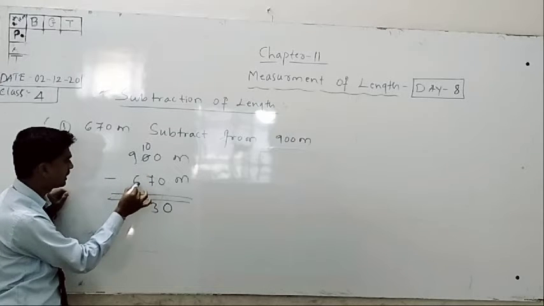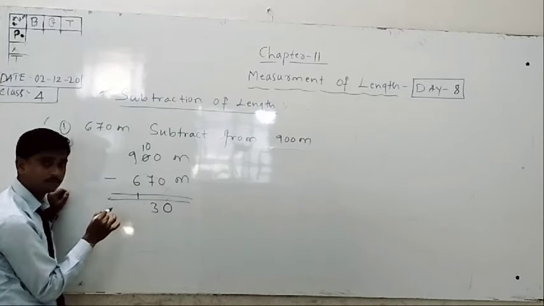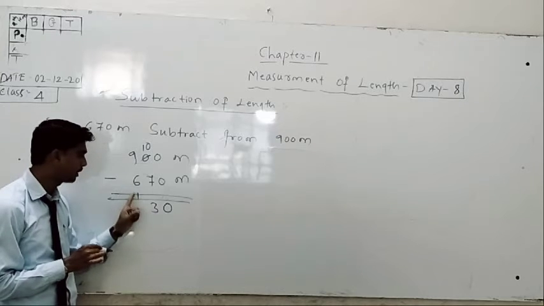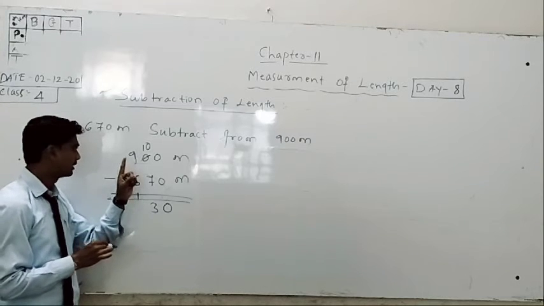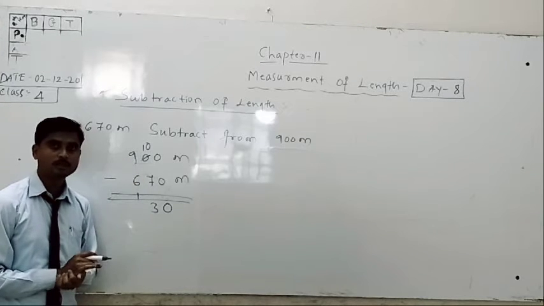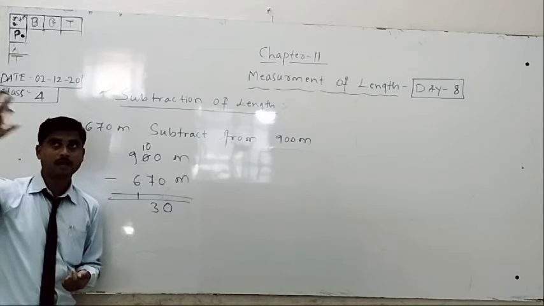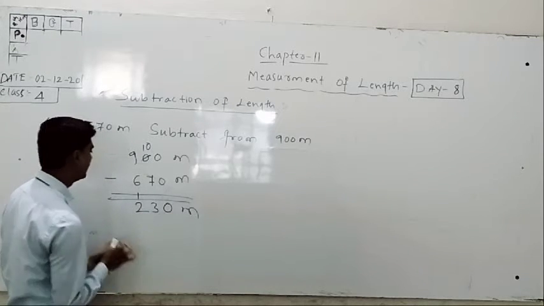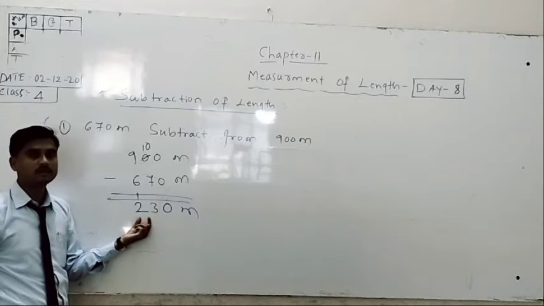Then 9 minus 6 plus 1 borrow given means 6 plus 1 is 7. 9 minus 7 is 2. Yes. Remaining answer is 230 meters.